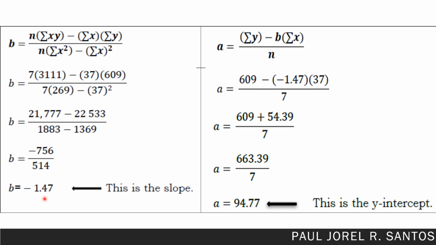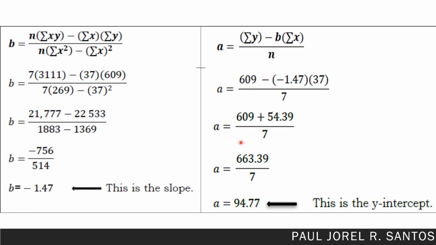Since we already have the value for the slope, which is negative 1.47, we're just going to plug it into our equation. So b is negative 1.47 multiplied by summation of x, and the product will be subtracted from 609, which is summation of y, all over n.